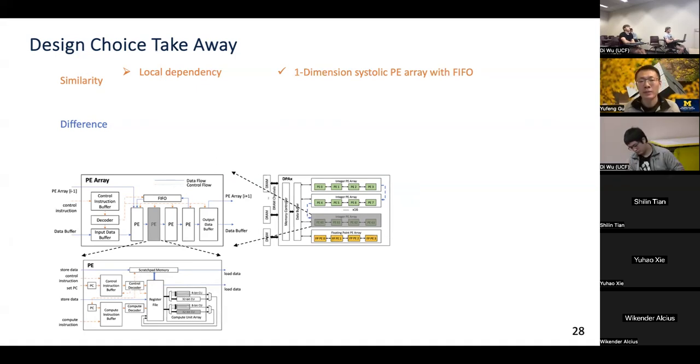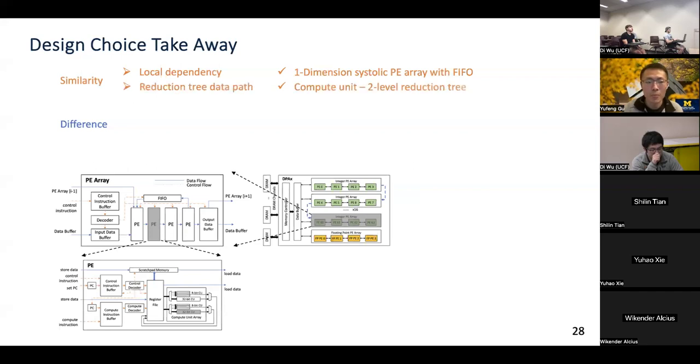Local dependency means the computation for one cell usually depends on some previous results, and these previous results are not generated far away from the new problem. So we use the one-dimensional systolic P array with a FIFO as a base architecture.